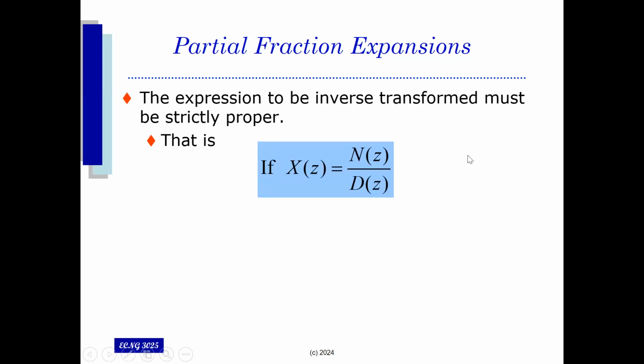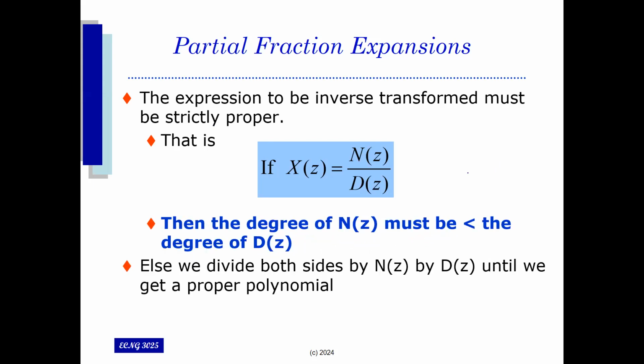Of course, like every time we've done this before, to do partial fractions, first off, the function that you're trying must be strictly proper. That is, the order of the numerator must be less than the order of the denominator. If not, you have to do at least one division first to get a proper polynomial.